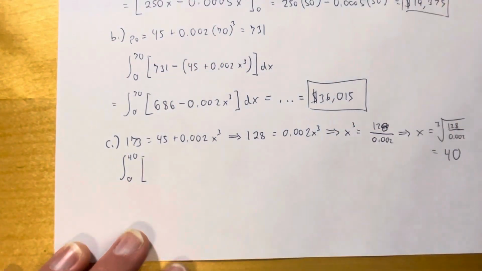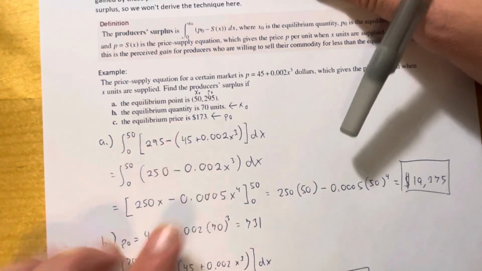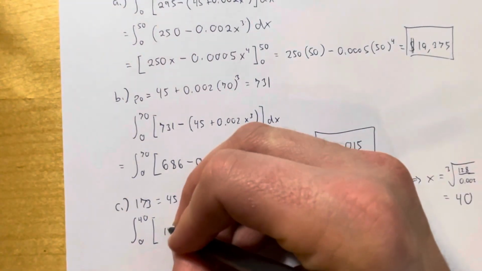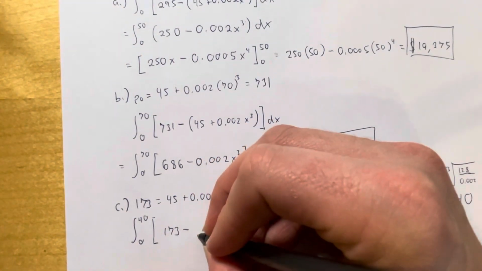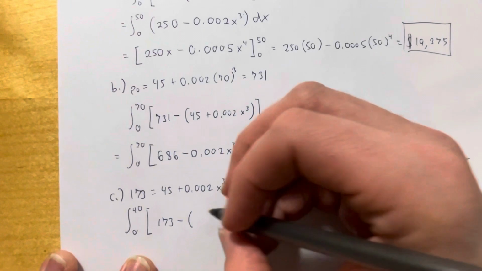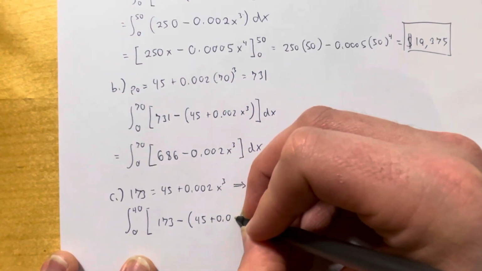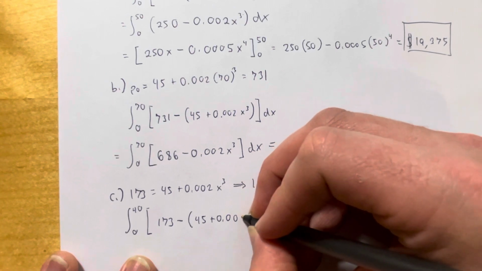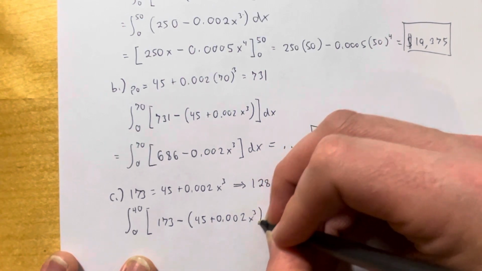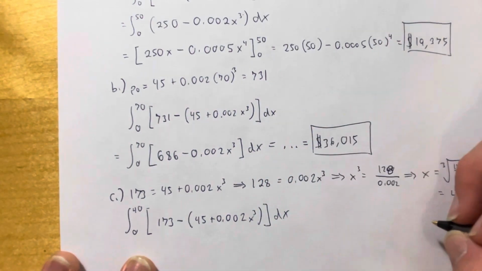And then my equilibrium price is 173. So we do 173 minus our function 45 plus 0.002 x cubed dx.